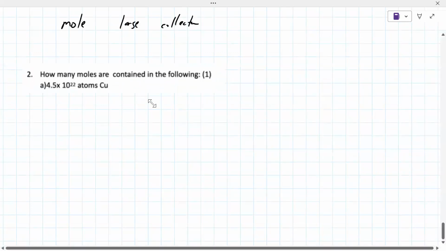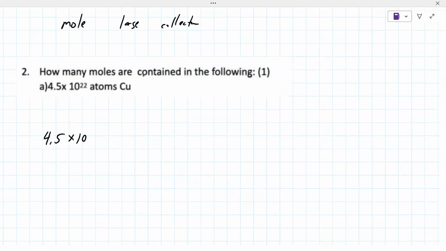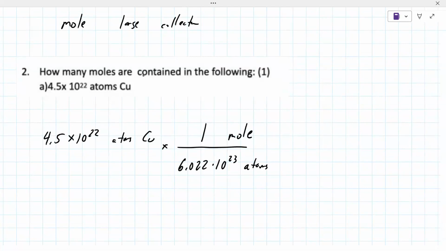Okay, how many moles are contained in the following? So you're starting out with 4.5 times 10 to the 22 atoms of copper. So there are 6.022 times 10 to the 23 atoms in 1 mole. Doesn't matter what it is.